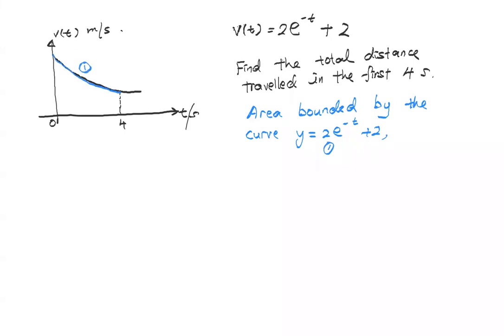Where are the other boundaries? Straight lines. There are 3 straight lines. X equal to 4, this is the second one.